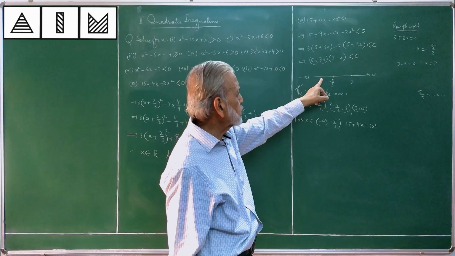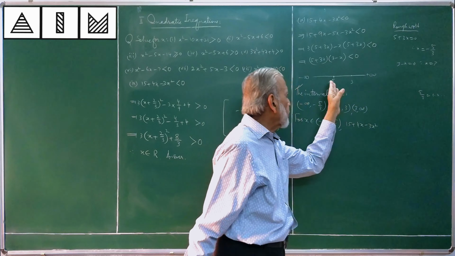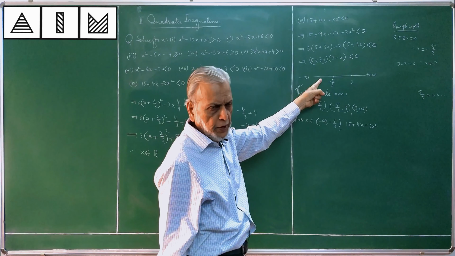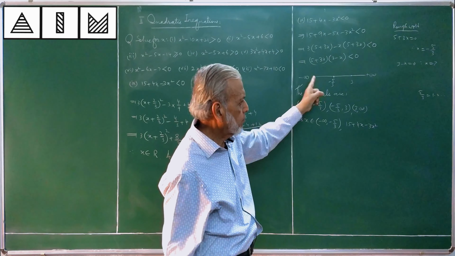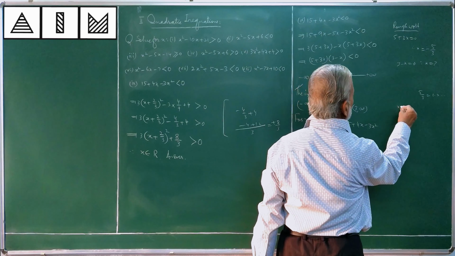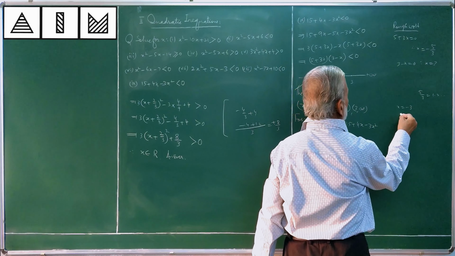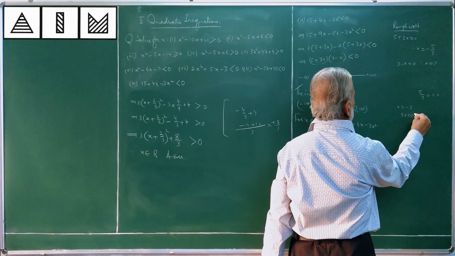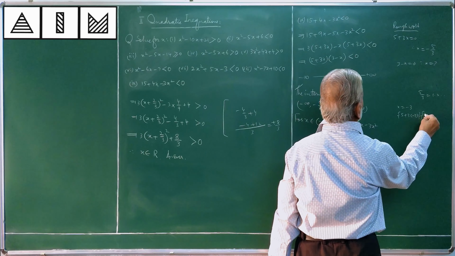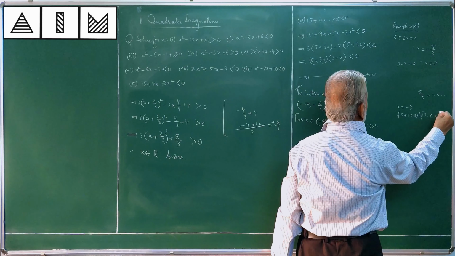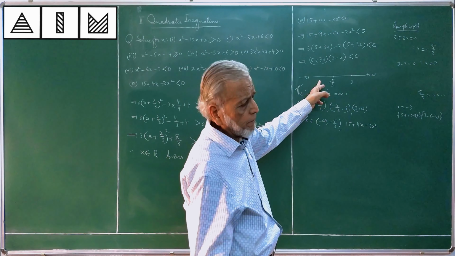You can take minus 2, minus 3, because this is minus 1 point something. So you can take here minus 1.5 or minus 2 or minus 3. Let us take minus 3 here. Substitute here. Assume any value in this interval.